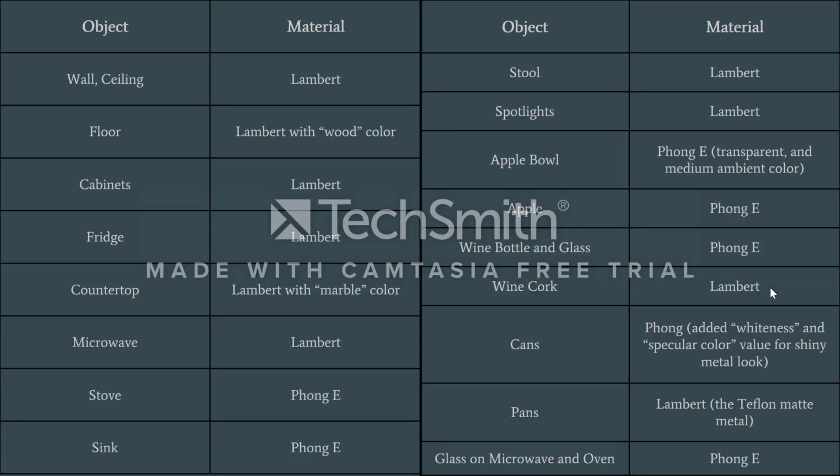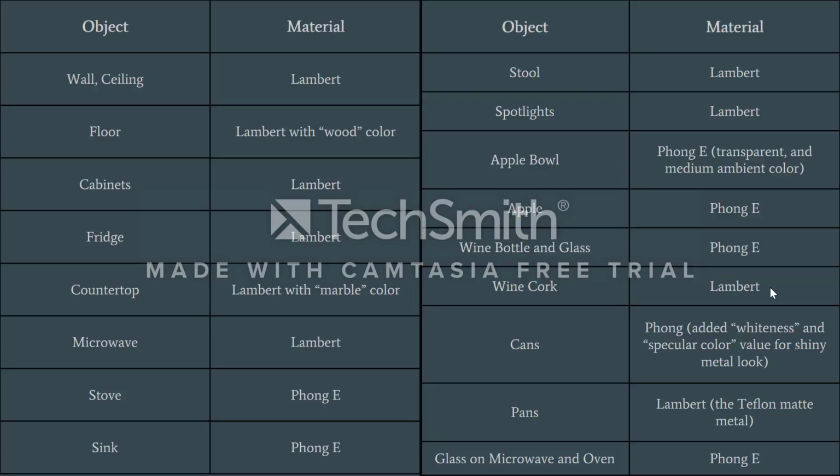So this is the list of objects and materials we created. The objects are like wall, ceiling, cabinets, fridge, microwave, stools, spotlights, and wine cork. These are all Lambert. We use Lambert because it doesn't need any shiny part; it's a matte, non-transparent finish. The floor is also Lambert, but we use a wood color to give the texture of the wooden flooring in our kitchen.